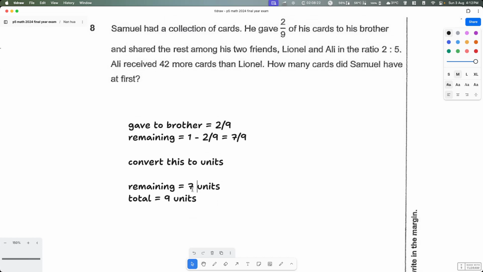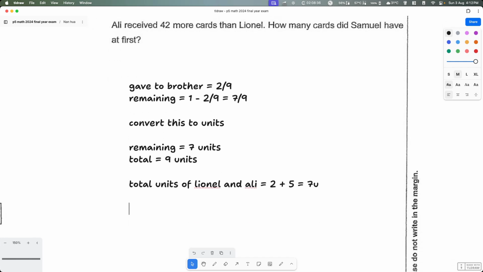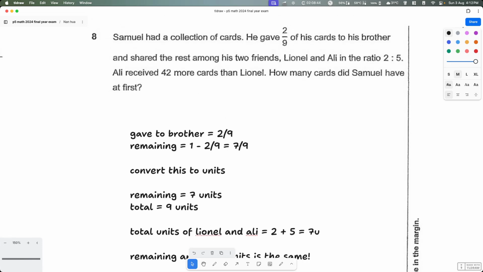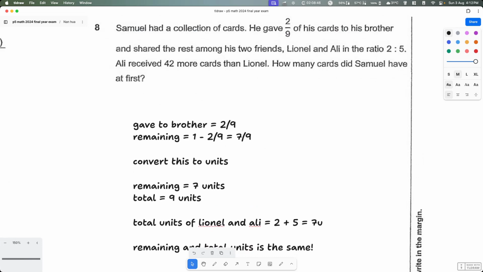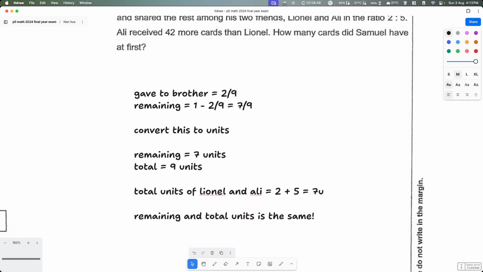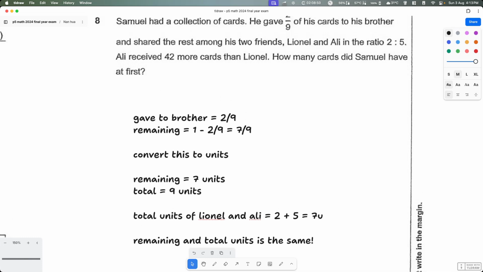So Lionel and Ali in the ratio of 2 is to 5. So total units of Lionel and Ali is equal to 2 plus 5, which is 7 units. So remaining and total units is the same, so we don't have to change much. Ali received 42 more cards than Lionel.